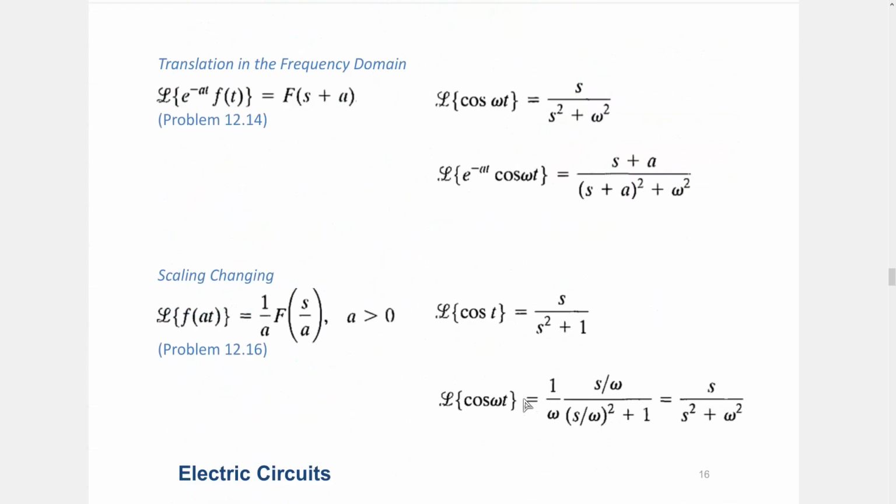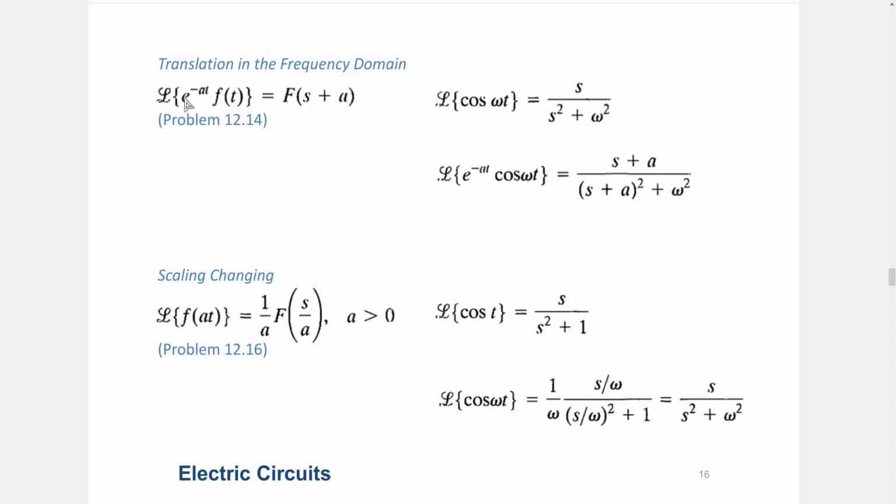How about if we multiply an f(t) with e to the minus at, which is a common scenario? We have seen this kind of behavior in second order RLC circuits, especially when f(t) is sinusoidal, or even with DC, and we will see it a lot in electrical engineering. So it's important: when you encounter a function like this in the time domain, it will translate into F(s plus a).